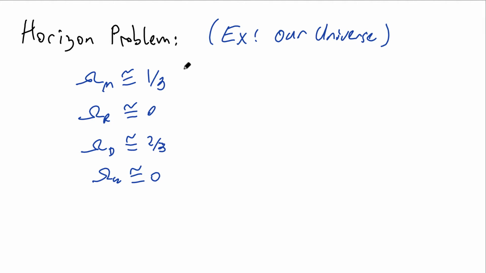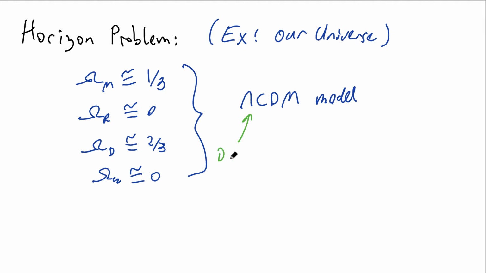By the way, this particular model is often referred to as the lambda CDM model. The lambda in the name comes from the dark energy. Remember, dark energy contributes to the Einstein equations just like a cosmological constant, and the symbol for a cosmological constant is lambda. So this refers to the dark energy, and the CDM refers to cold dark matter.